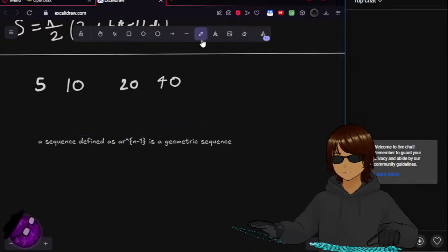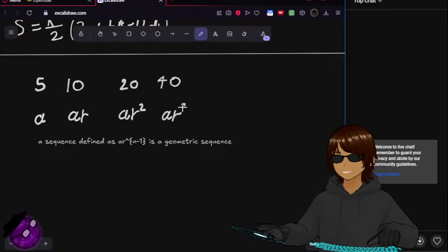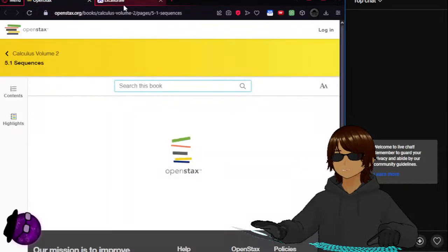So it's like a, then a times r, over here r is 2, then a times r squared, a times r cubed, and so on. So the third term would be a times r to the power of 2.